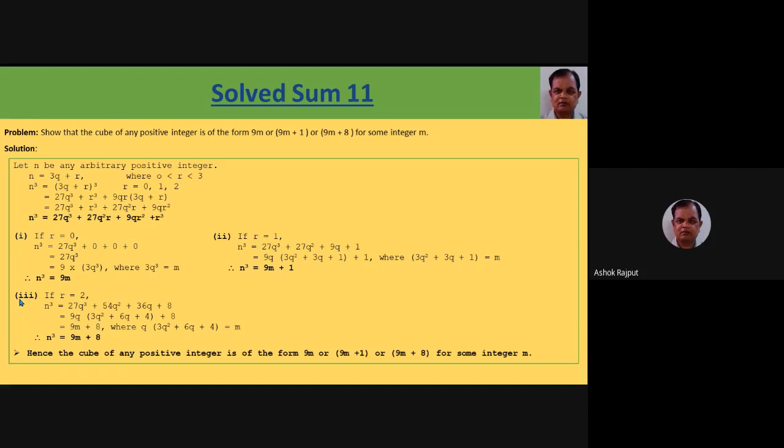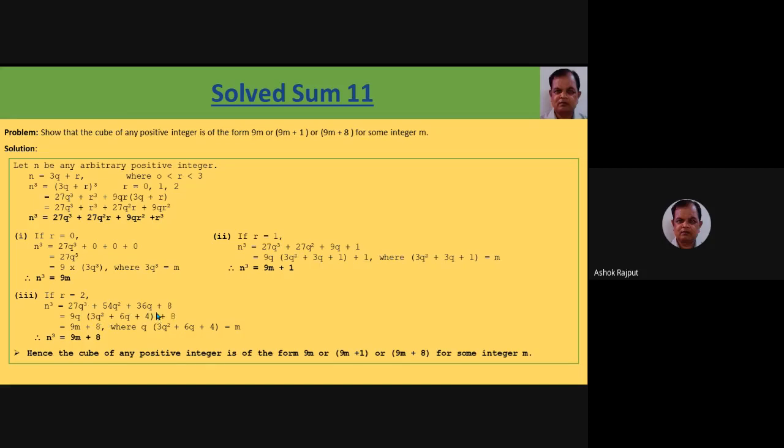Now we go to the next step, step number three. If the remainder is 2, then n³ = 27q³ + 54q² + 36q + 8, because r is 2.